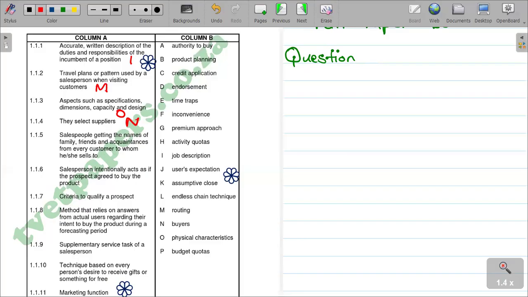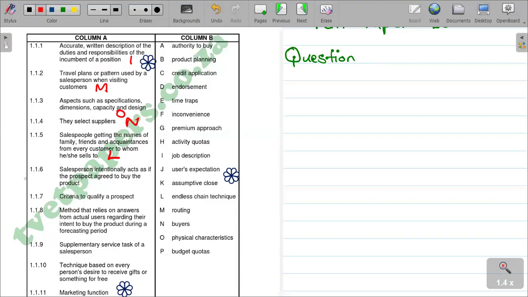This is what you call endless chain strategy, which is R.